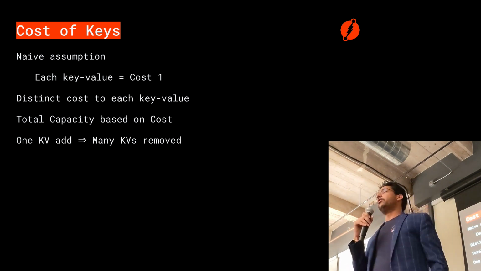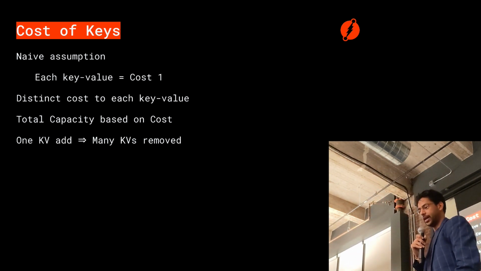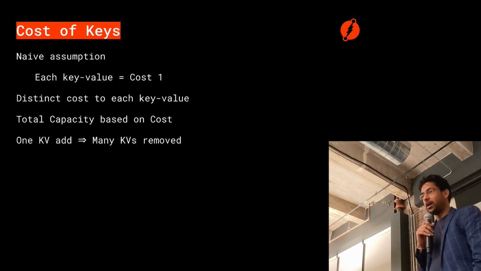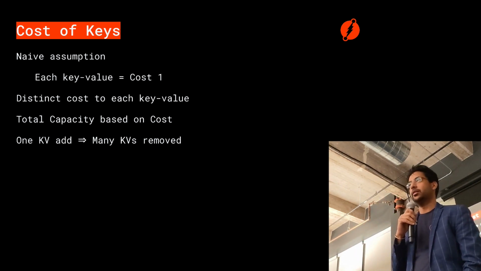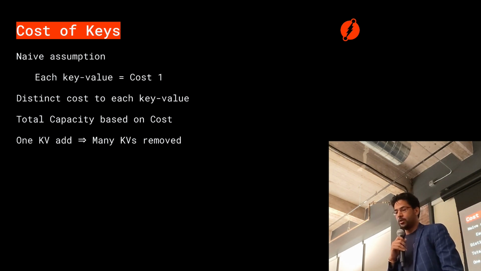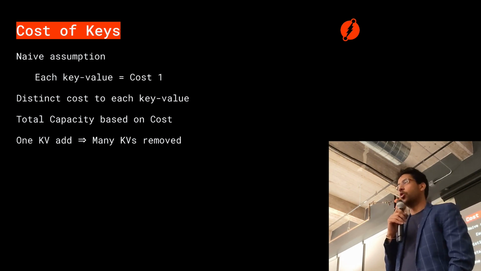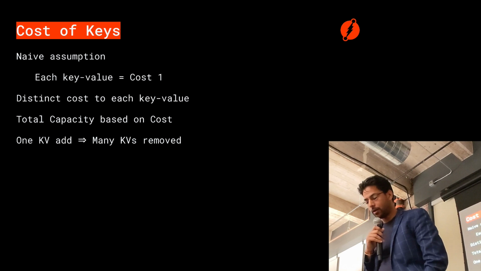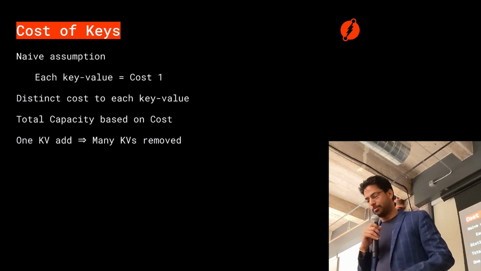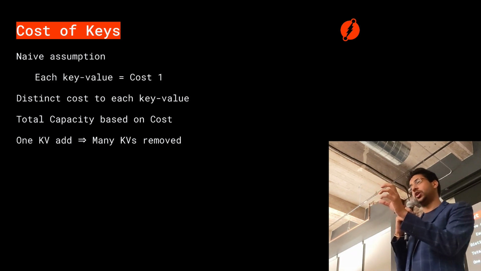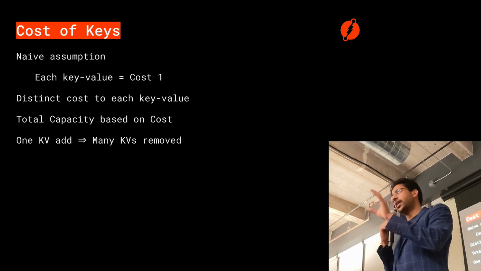The other thing that we were not happy about was that many smart caches naively assume that each key value cost is 1. Ristretto allows setting a distinct cost to each key value pair, and it captures that internally in a key to cost map. So the total capacity of the cache is based upon that cost.